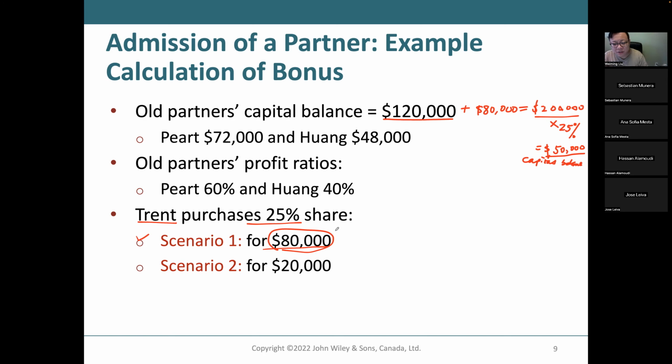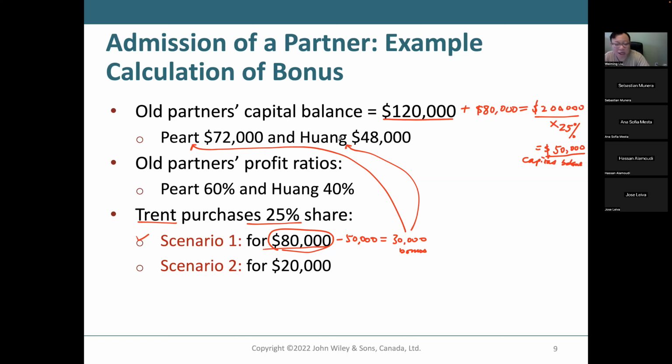The other 30,000 is the bonus to the old partners. So this 30,000 in total goes to Pert and Huang.